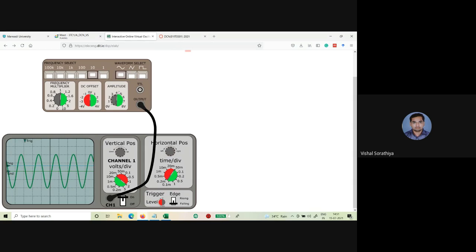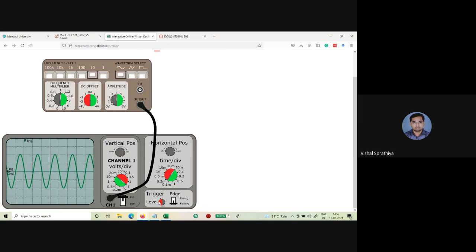So right now, if there is 4 volts, then from 0 to 4 or -4 to 4, you need to set your triggering value in such a manner that your signal looks steady. The trigger tells you that this is one snapshot of your signal, and this signal varies continuously from your source. By setting the trigger, you are taking a constant snapshot of your particular signal and displaying it on your screen. From continuously varying, you make it steady.